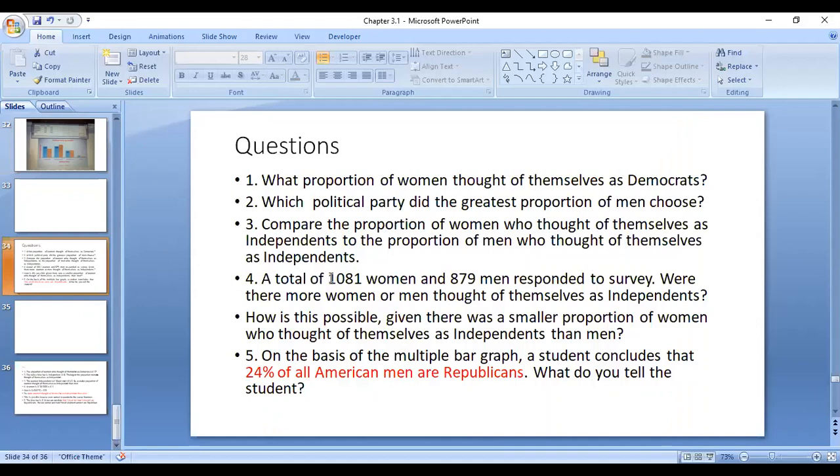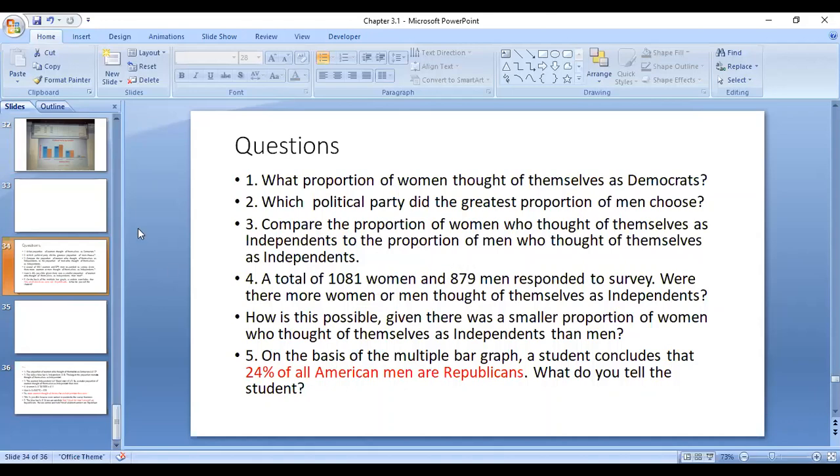You see the women are 1,081 in the survey, but the men only 879. That's why we find the number of women greater than the number of men. Because the women in the survey are greater than the number of men in the survey.